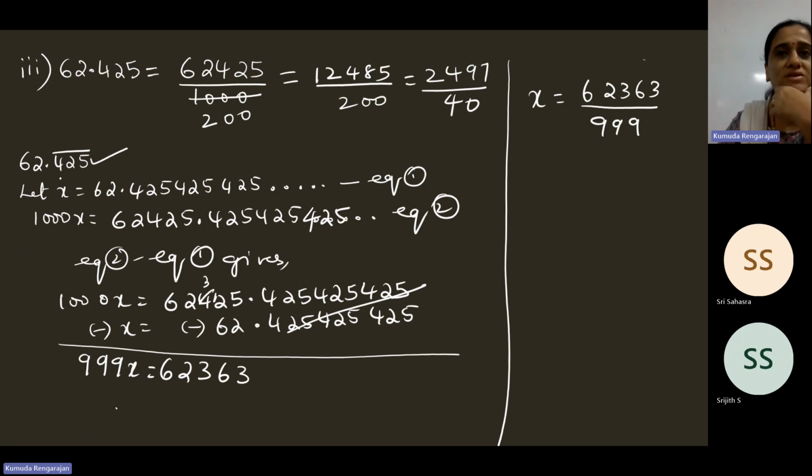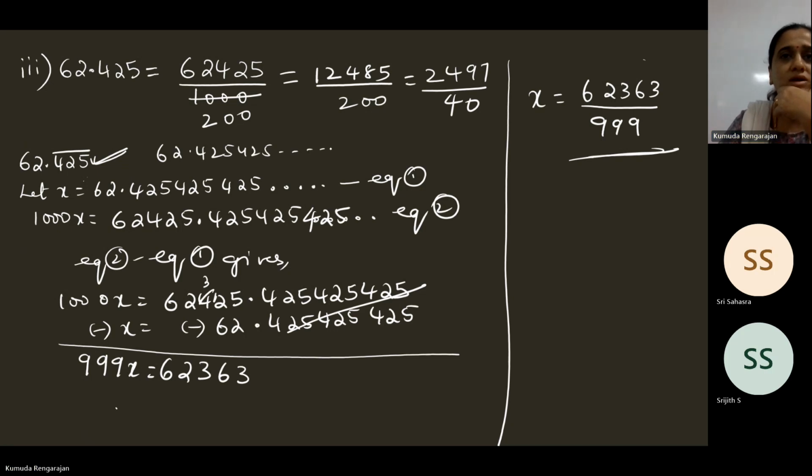What kind of a decimal is this? Non-terminating, repeating, right? And see, it has a P by Q form. 62.425 goes on forever. It's a non-terminating, repeating decimal. And see, we've derived its P by Q form.